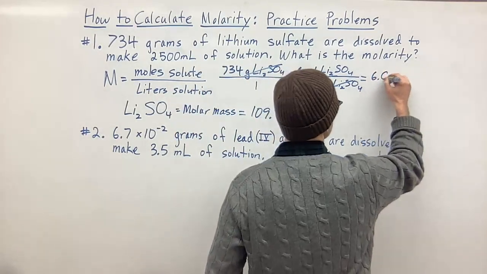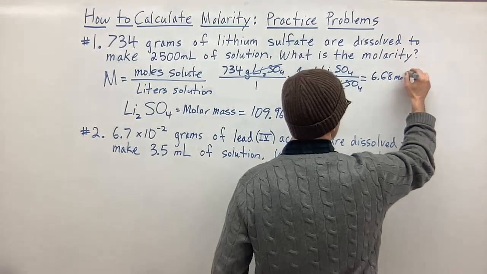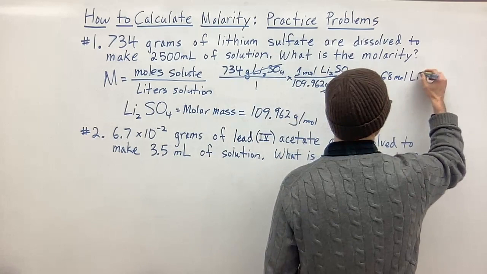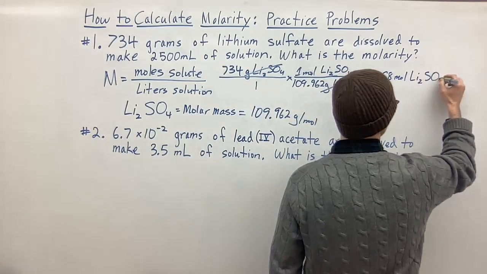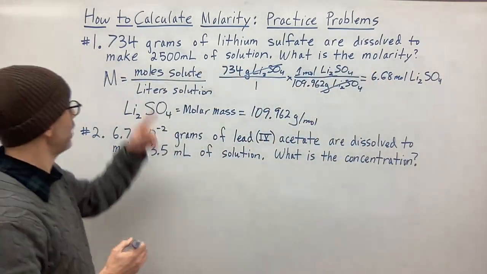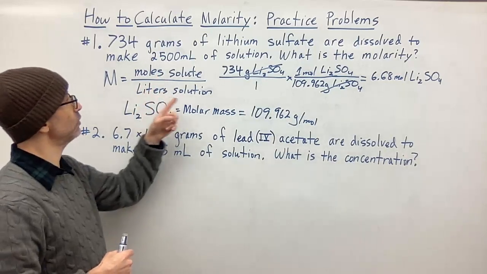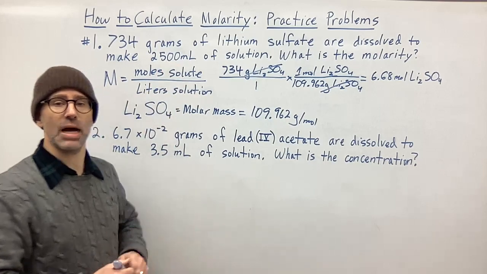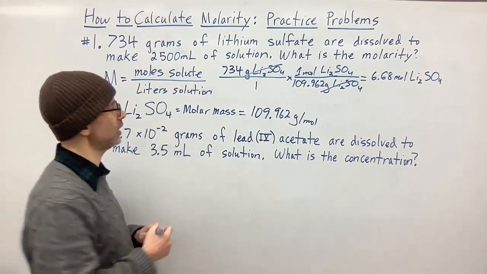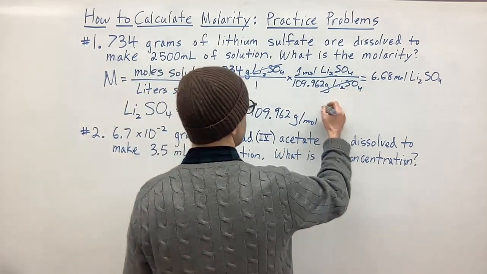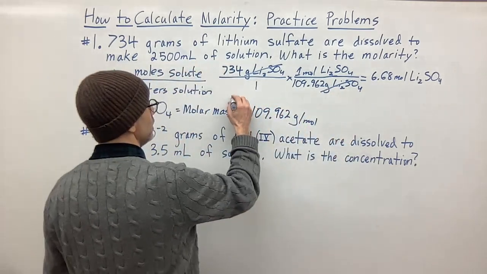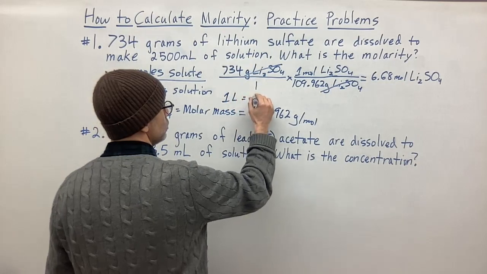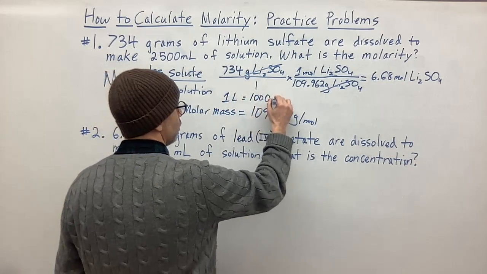6.68 moles of my lithium sulfate. So I got my moles now. So that's half of it. Now I need liters of solution. They gave me 2,500 milliliters. I want liters, not milliliters. So I've got to convert milliliters to liters. Using that, I know that one liter is equal to 1,000 milliliters.